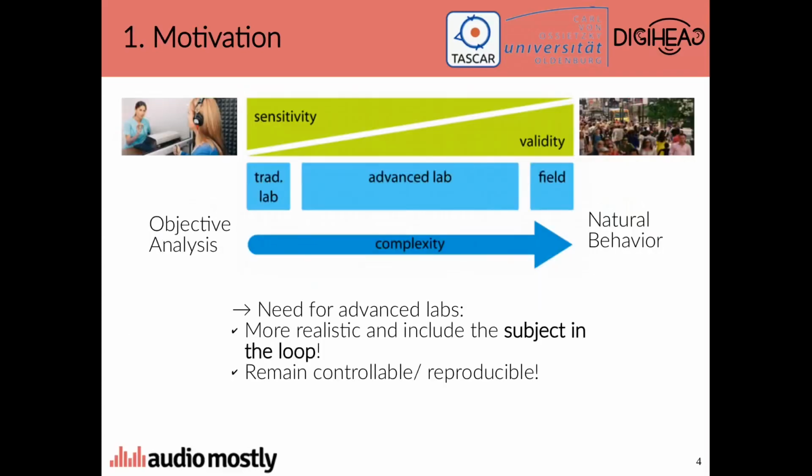And here you can see another graph that represents this trade-off. On the left side we have objective analysis in a traditional lab, which gives us a lot of sensitivity, so we can have very reliable results with that type of measurement.